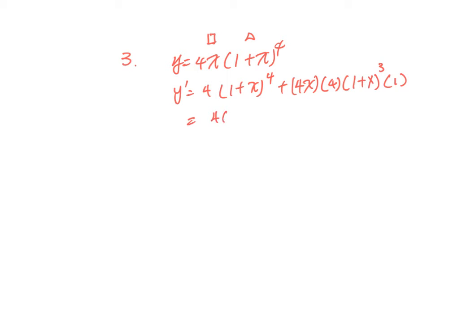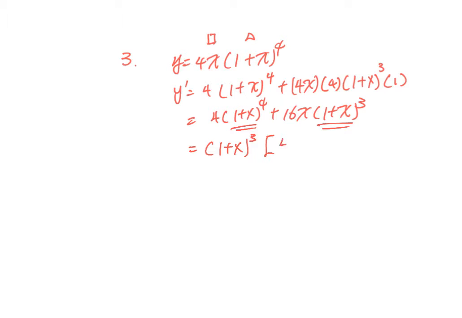So if you simplify that, you will notice the answer is different, because we can factor out (1 plus x) to the third. If you factor it out, then you will have 4 times (1 plus x) plus 16x, and that'll leave you (1 plus x) to the third.